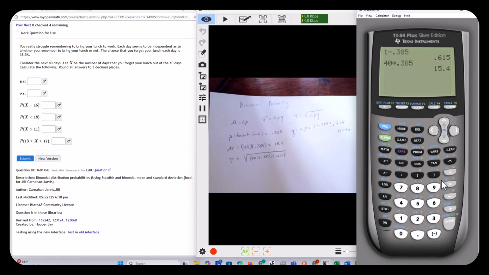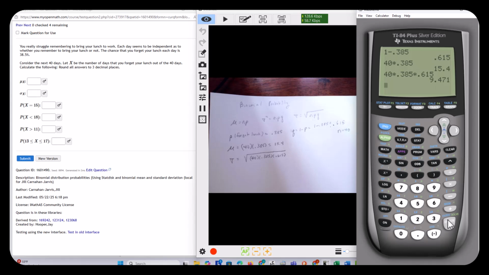Okay, so I can do this a couple of different ways. I can calculate what's underneath the radical first. So 40 times 0.385 times 0.615, equals.